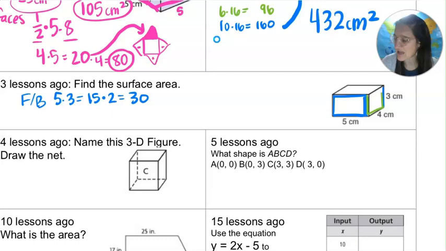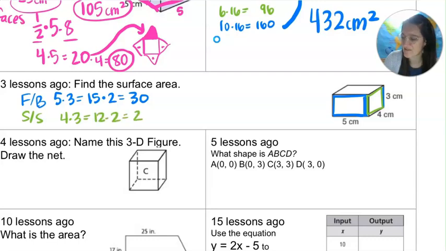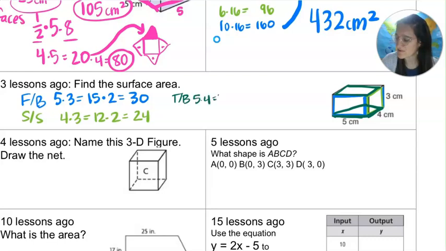My 2 sides, side is 4 times 3, which is 12. Double that because there's 2 sides for 24. And then my top and my bottom. Top's not labeled, but my bottom is 5 and 4. So top and bottom, 5 times 4 is 20.